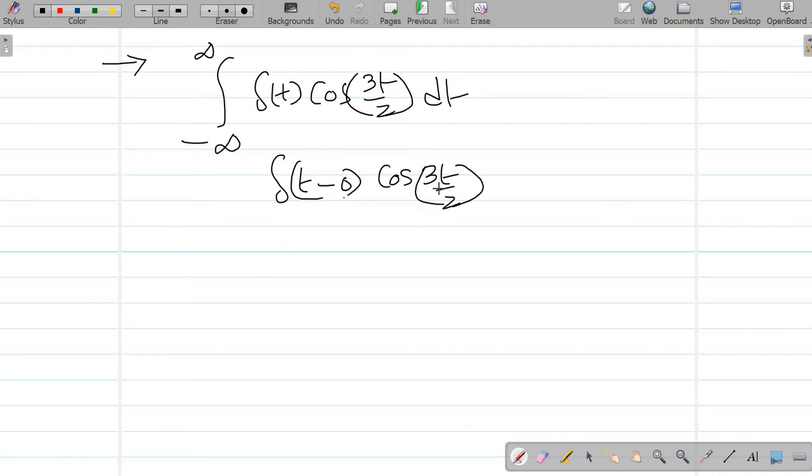Now this 0 will have to be substituted into this. So if I substitute the 0 into the t of the cos function, then this cos function gets evaluated to 1. So the integral reduces to the integral of delta of t dt, and we know the value of this is 1. Okay, so this is the answer.